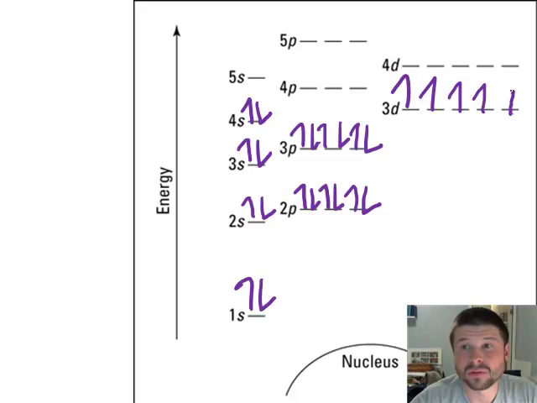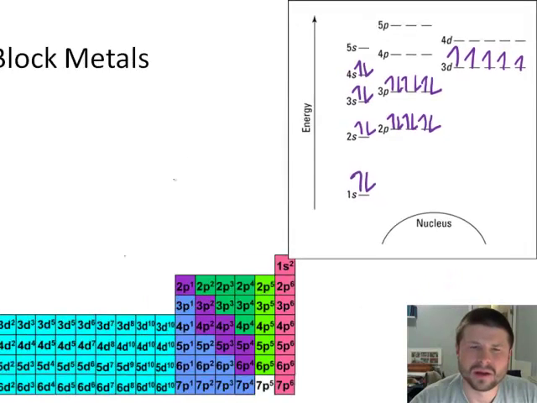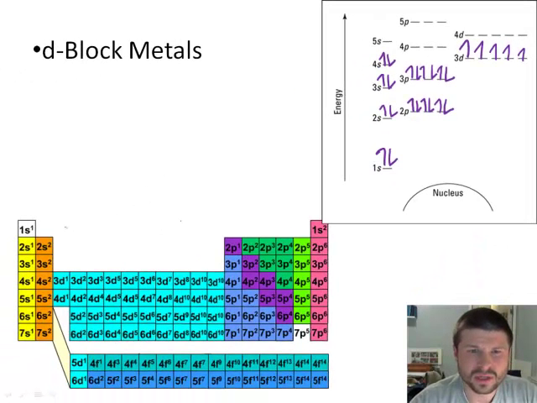And the 3d. Alright, so let's look down here at our configuration table. Okay, so this is how these fill here. 4s1, 4s2, here's our d block, what we're interested in. It goes 3d1, 3d2, 3d3, then 3d5.